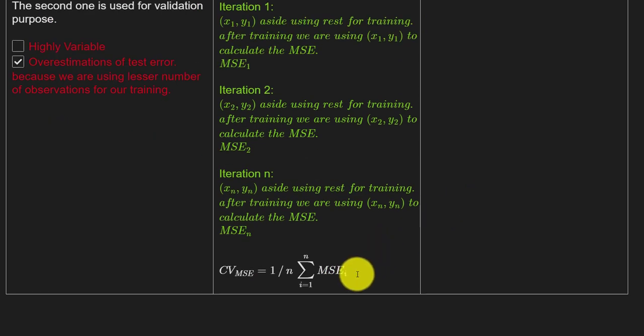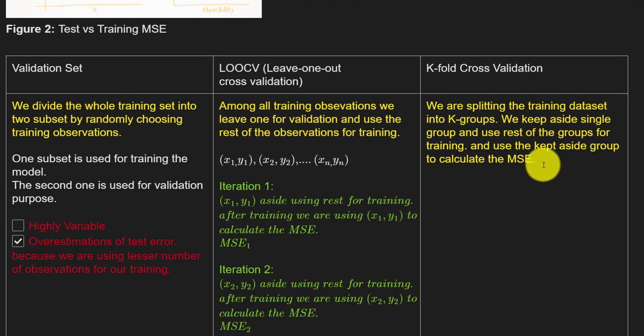So the final MSE is the sum from i equals 1 to k of MSE_i, averaged. This is my MSE value for k-fold cross validation. After calculating the MSE for each group, we take an average of them.